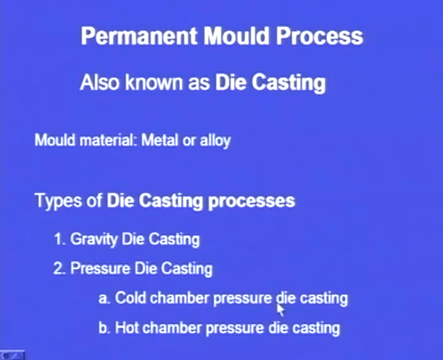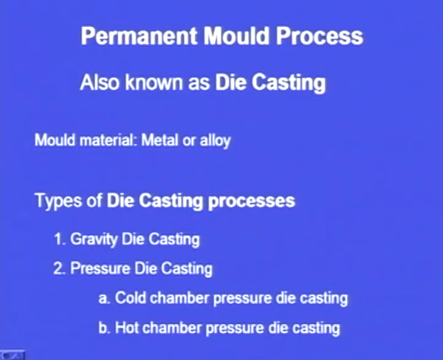In the cold chamber pressure die casting, the melting furnace will be away from the system. From there we bring the molten metal in a ladle to the cold chamber die casting machine and pour the molten metal.